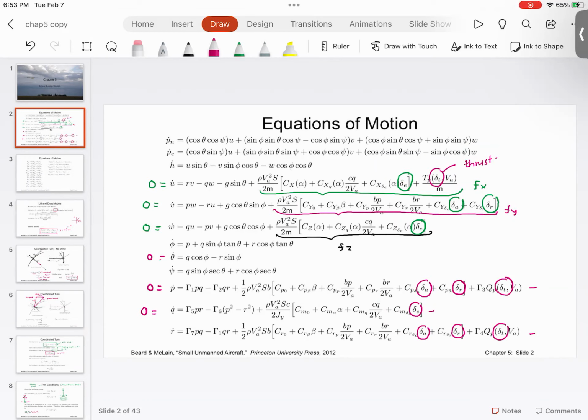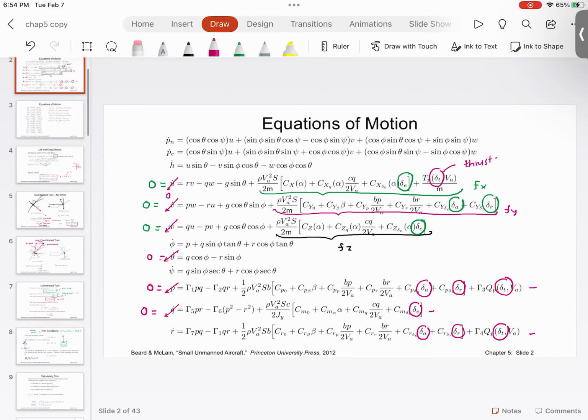So as soon as I'm trying to find out trim mathematically, what that means is this term has gone to 0, this term has gone to 0, this term has gone to 0, this term has gone to 0, this term has gone to 0, and this term has gone to 0. That is the first thing that we need to do.